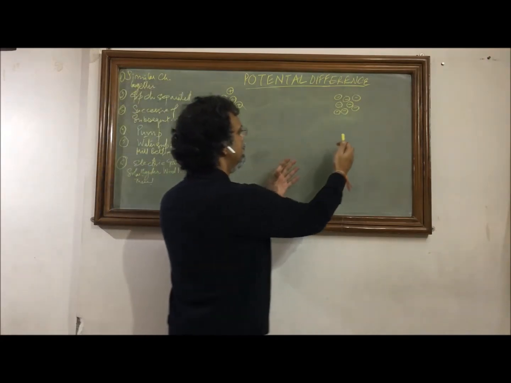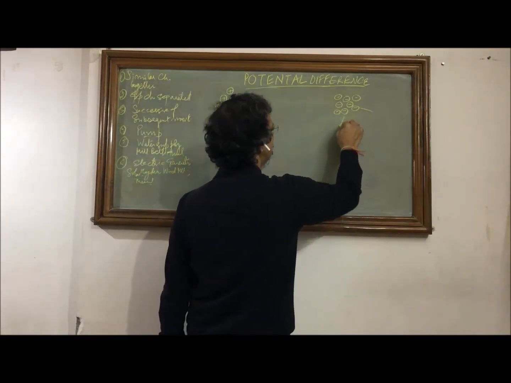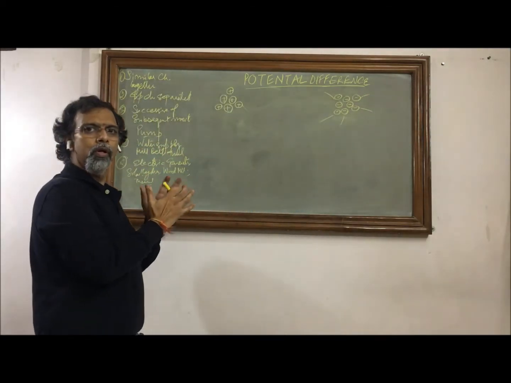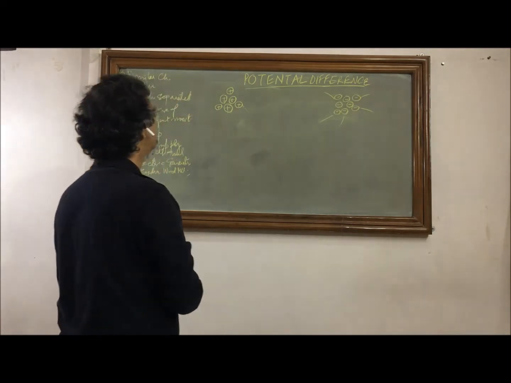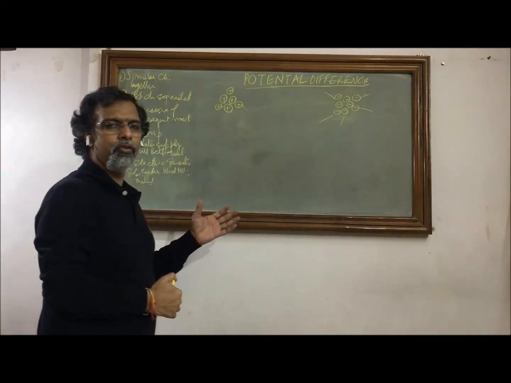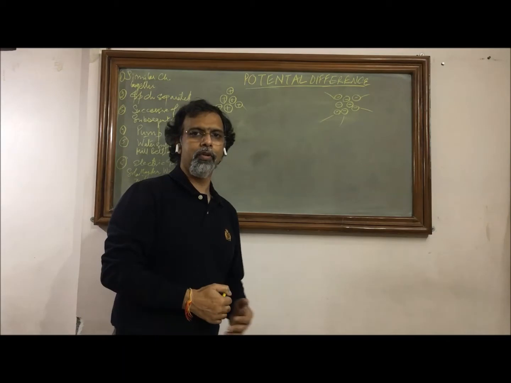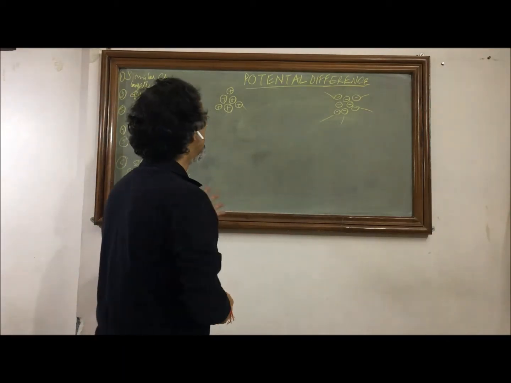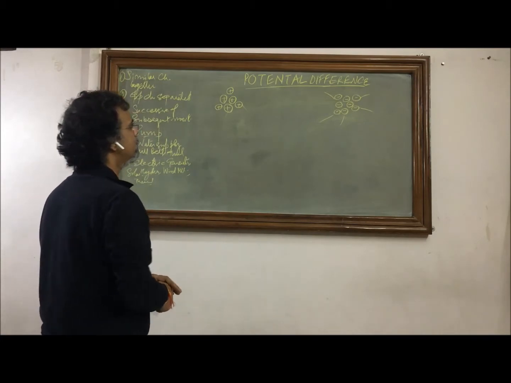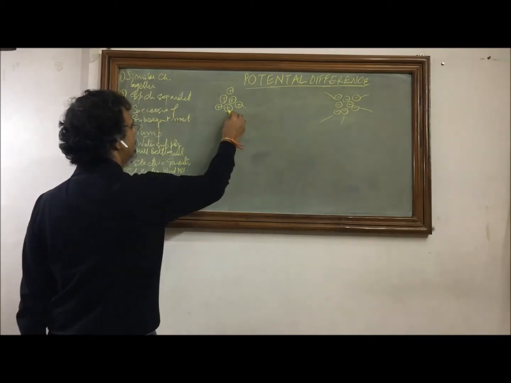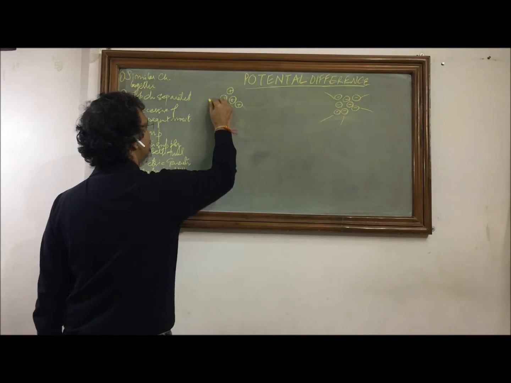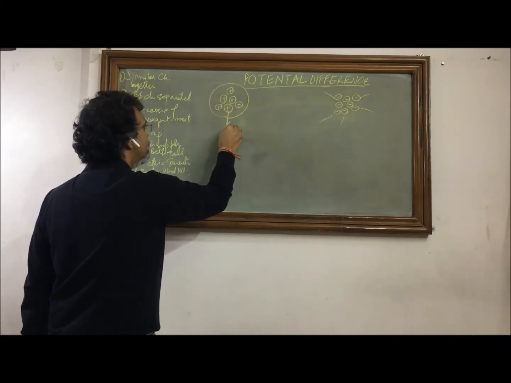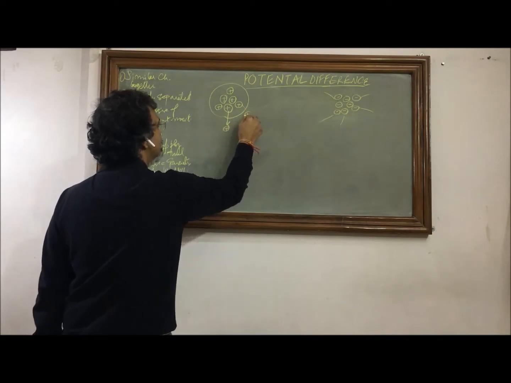Now, if we take this situation, in this situation also, the natural tendency would be that they will try to move apart. We know that when spontaneously a charge moves in one direction, that is the direction in which its potential energy decreases. So indirectly, this situation implies that in this system we have a lot of energy, and when these move out, there will be a loss of energy.